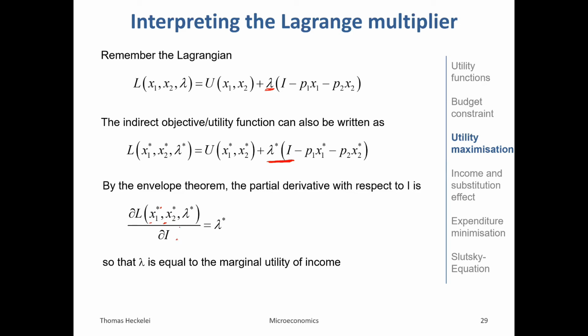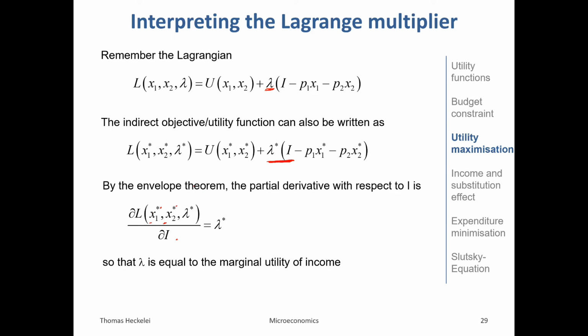In such a case, the envelope theorem is convenient because it says that we could hold the value of these variables at the optimum level that we have solved. We keep them constant over there.